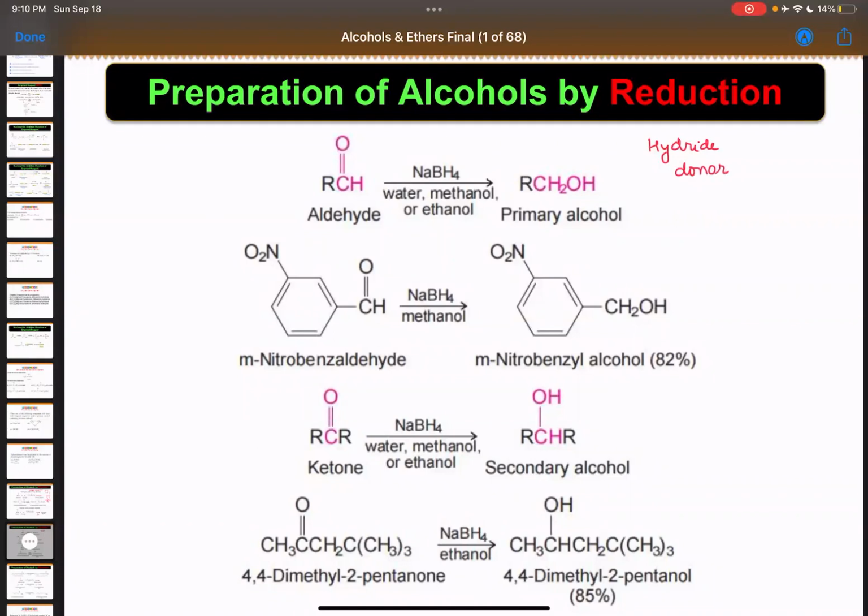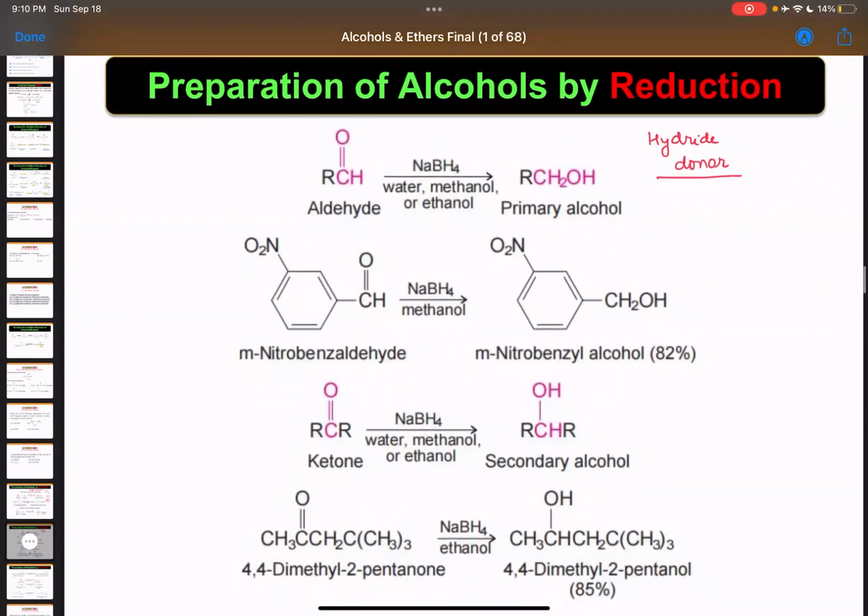So what set of reagents come in this category? Hydride donors don't mean donating hydrogen; they are H minus donors.